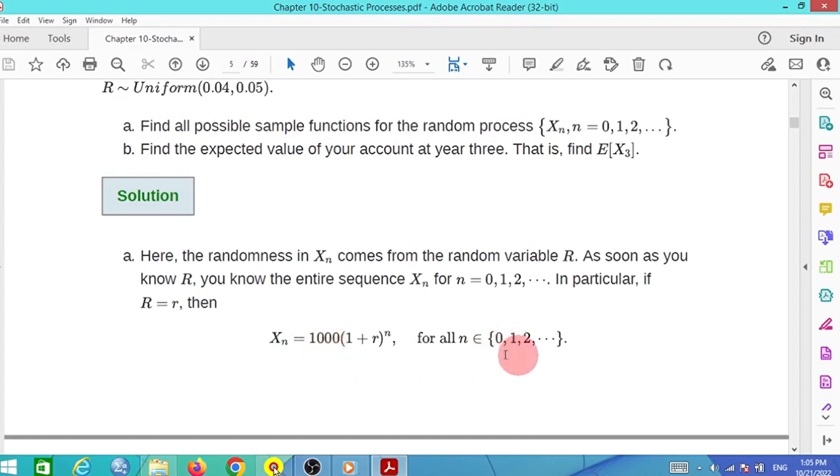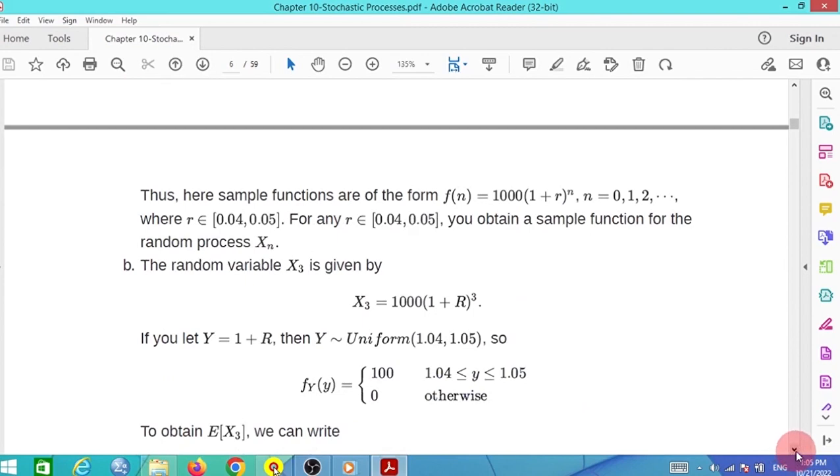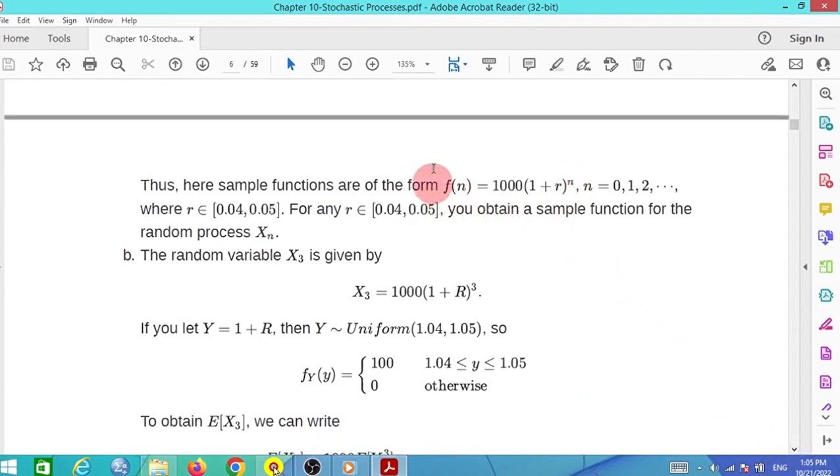Take 1, calculate, this gives you the money after 1 year, and so on. Okay, these are all the realizations or all the sample paths. For each r you have a sample path.